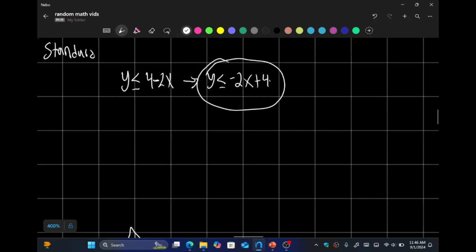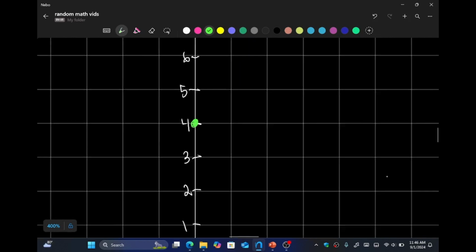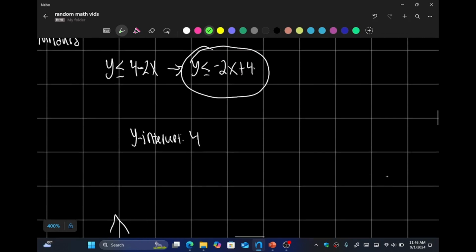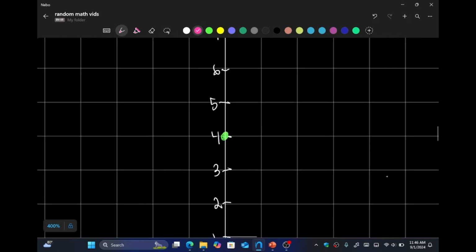So our y-intercept is 4. So we're going to put that in here. And then our slope is going to be negative 2. So we're going to go down 2 to the right 1 unit.